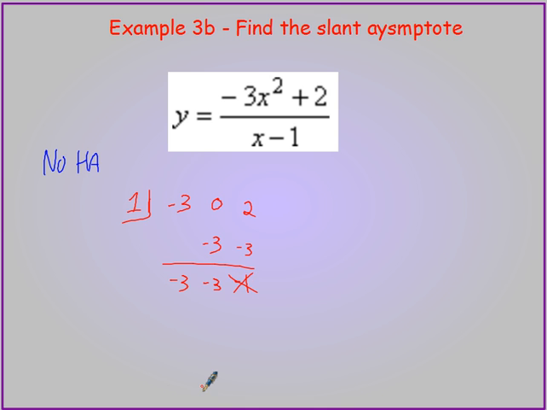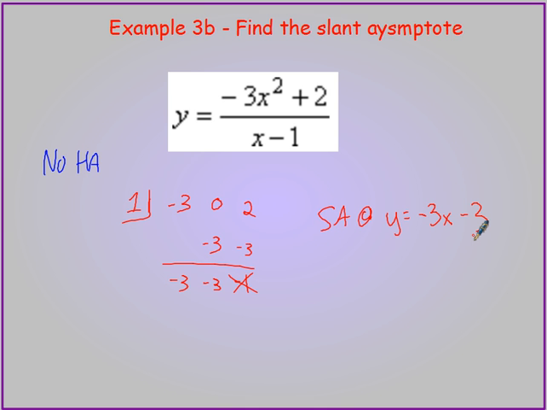So then, my SA is at where? You have to make it y equals, people, because it's an equation of a line. So my SA is at y equals negative 3x minus 3. Are we good? Too easy?